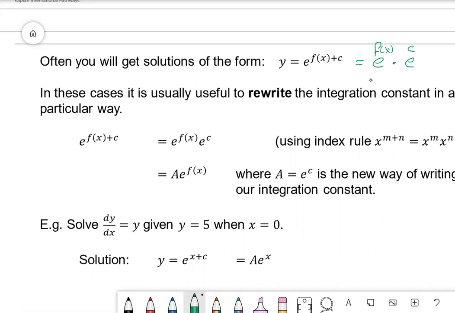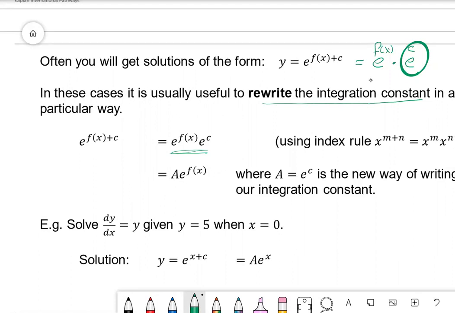Okay? So in these cases, it's usually useful to rewrite the integration constant in a particular way, like this, using the index rule. Because c is a constant, we can refer to e to the power c as a or k, any letter.